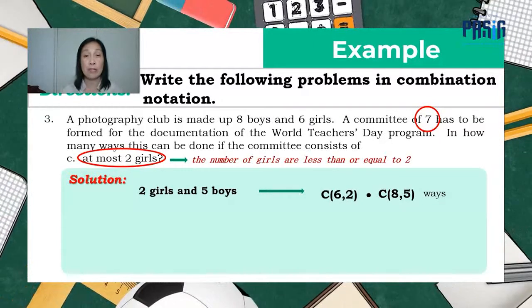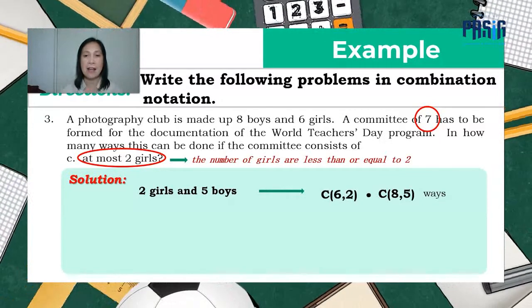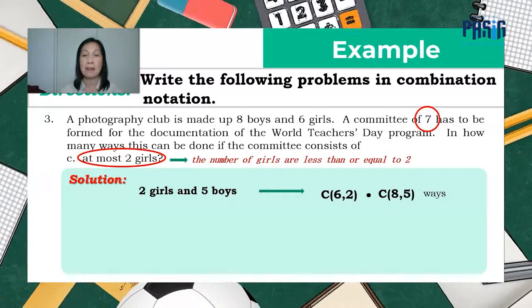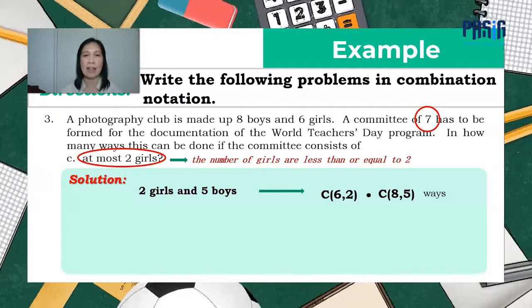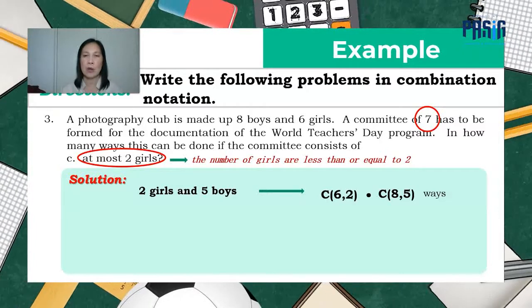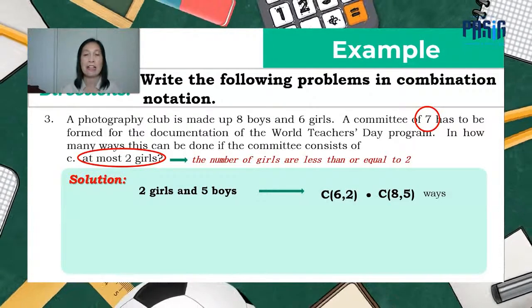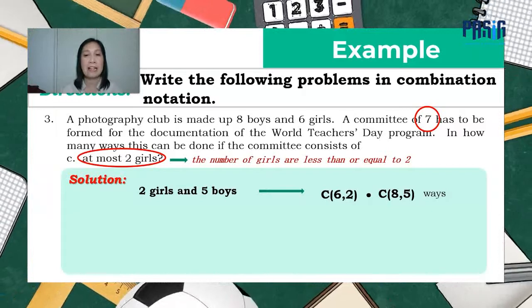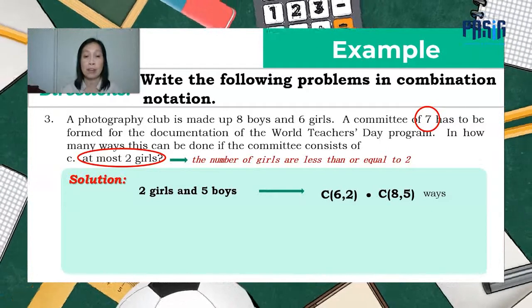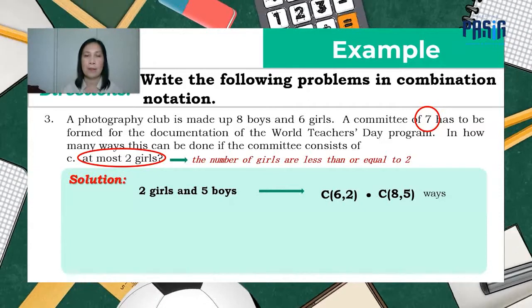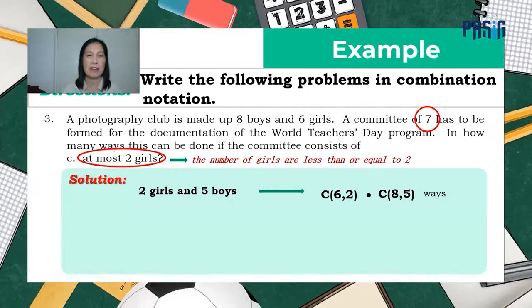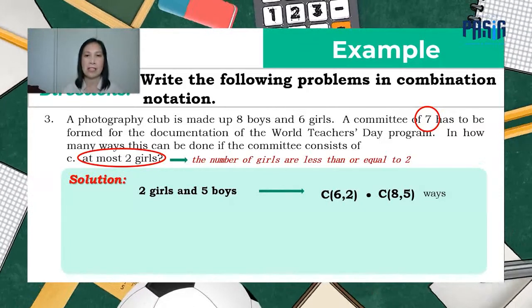Again, we're going to multiply the 2 events since both of these events must occur at the same time in order to satisfy the given condition. So, multiplying them will give you the number of ways that a committee can be formed with 2 girls and 5 boys. Now, what about if there is only 1 girl in a committee? How many are boys?